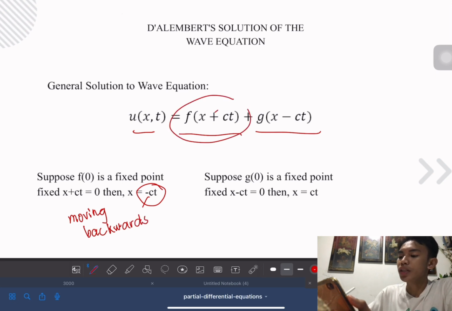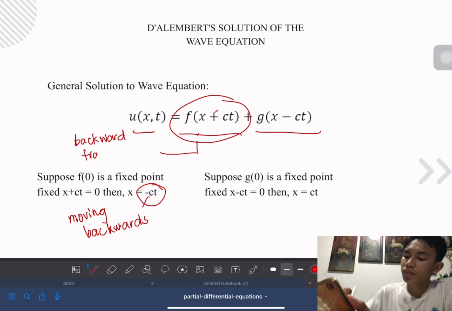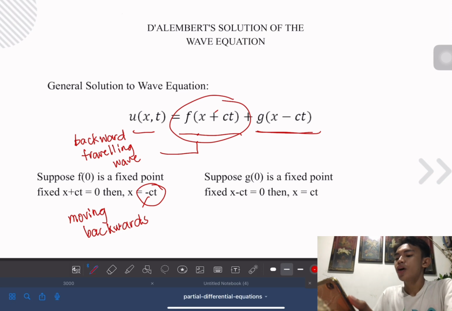So we call this equation a backward traveling wave. And for this equation, suppose g of 0 is a fixed point, fixed x minus ct is equal to 0, then x is equal to ct.